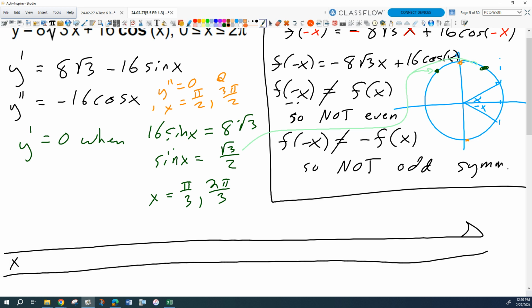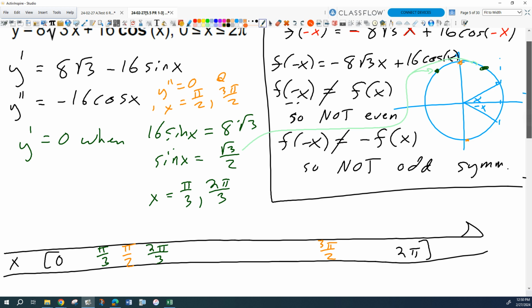Our domain goes from, we're including 0 and 2 pi. Our critical numbers, let's see, we had second derivative is 0 at pi halves and 3/2 pi. First derivative is 0 at pi thirds and 2/3 pi.